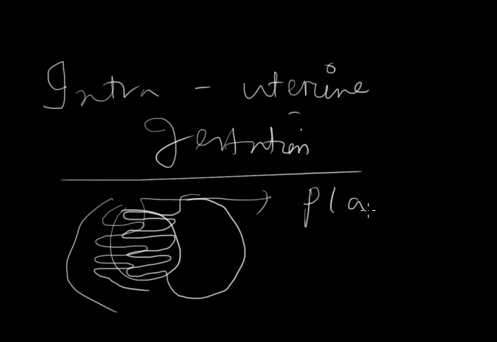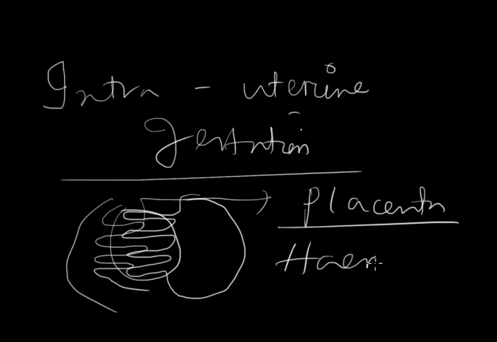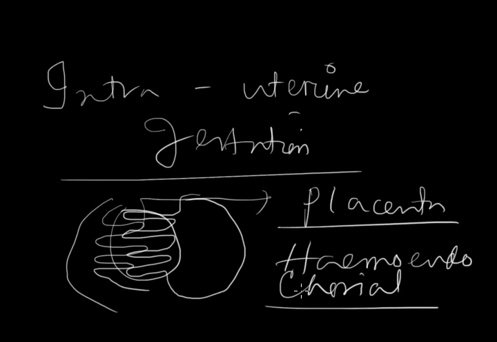So the placenta is definitely a hemoendochorial type, which acts as a temporary endocrine gland and at the same time a blood-linked barrier between the mother's tissue and the fetal tissue.